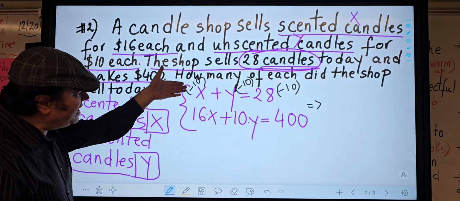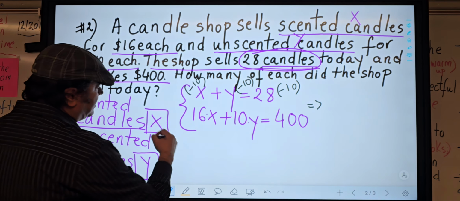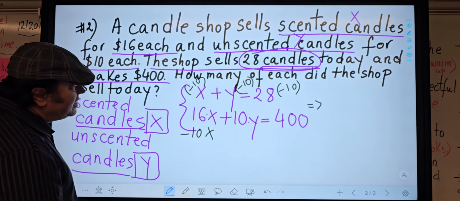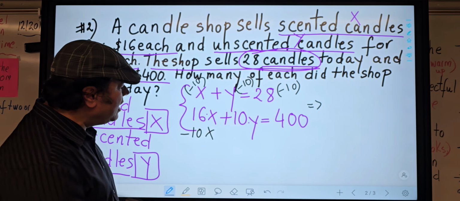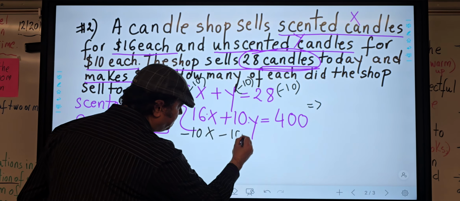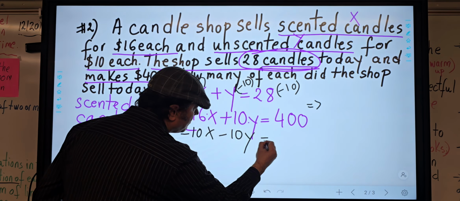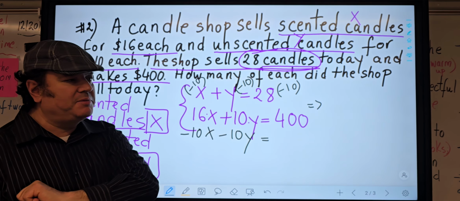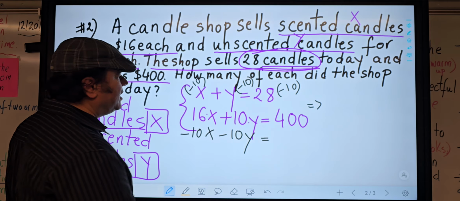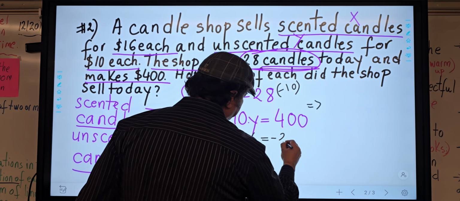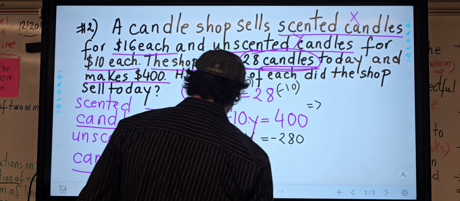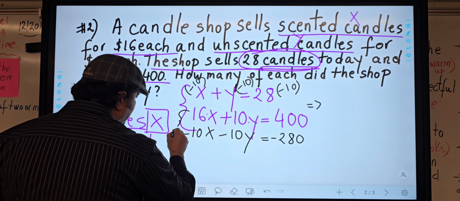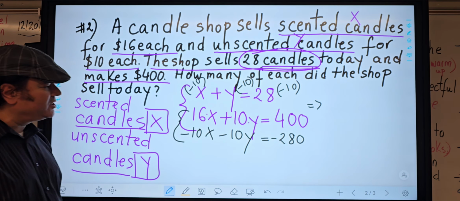So we have -10 times X becomes -10X, and -10 times Y becomes -10Y, and finally -10 times 28 becomes -280. Now we have a new system of linear equations.